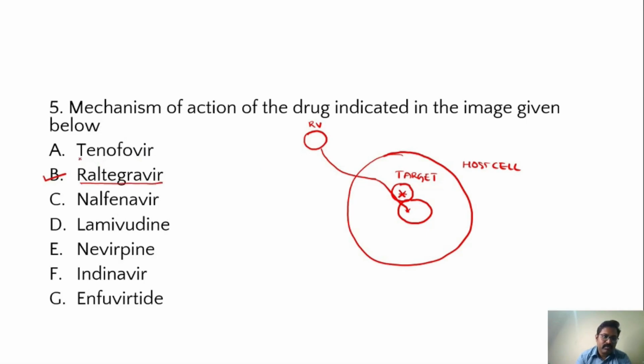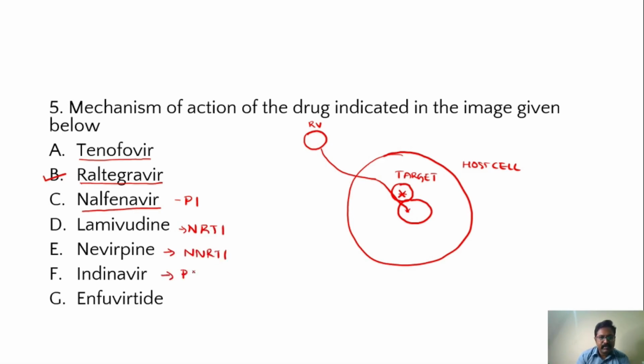So tenofovir is the nucleotide reverse transcriptase inhibitor. Nelfinavir is a protease inhibitor. Lamivudine is a nucleoside reverse transcriptase inhibitor. Nevirapine is a non-nucleoside reverse transcriptase inhibitor.